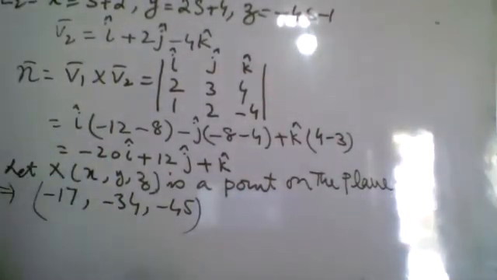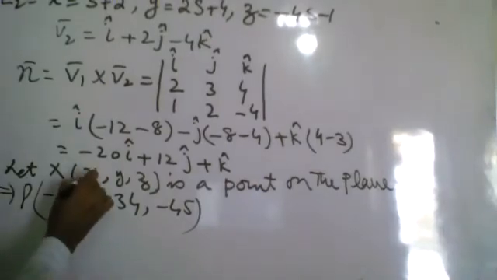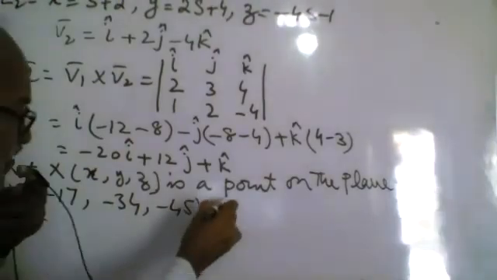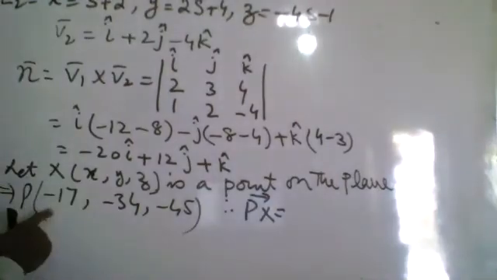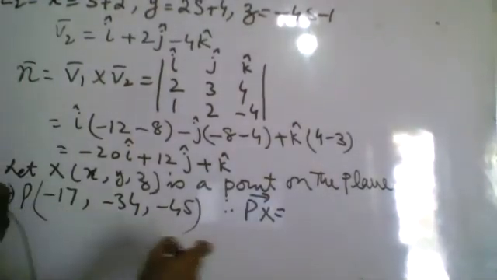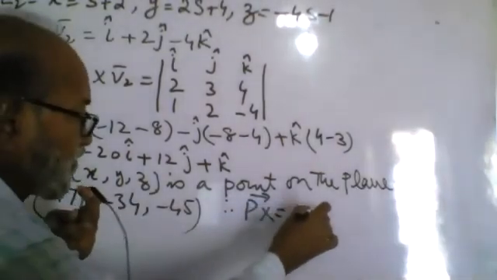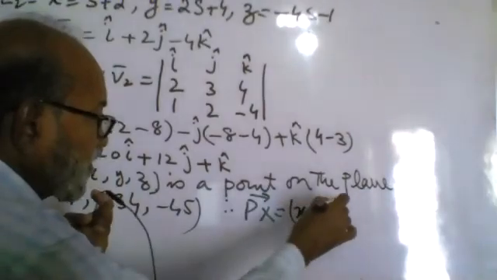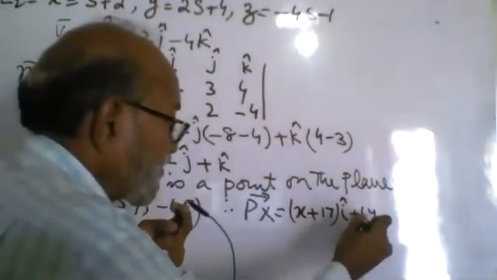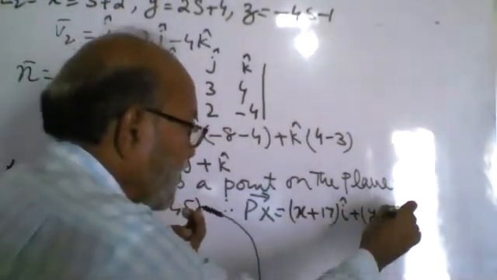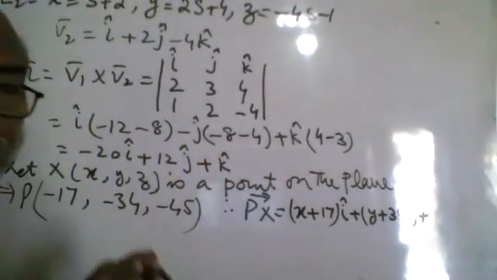Therefore, we will find the vector P naught X. The vector P naught X will be equal to x plus 17 i, plus y plus 34 j, plus z plus 45 k.